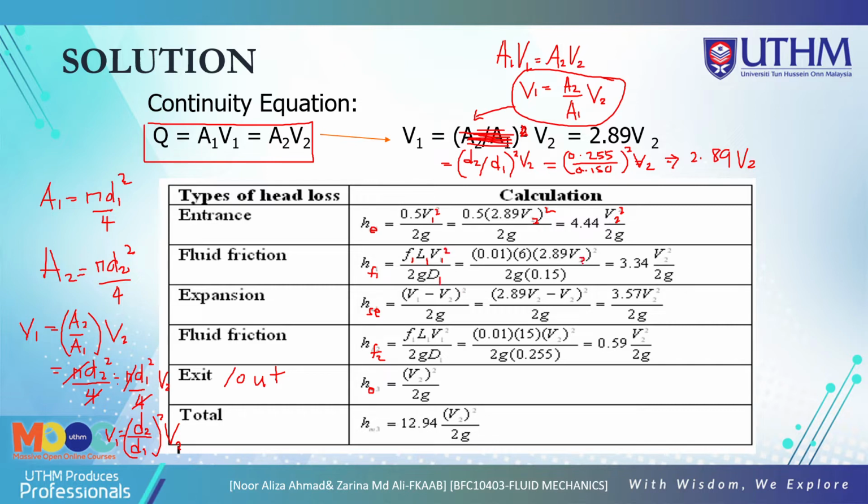So this is V2 squared, in terms of V2, since V1 is 2.89 V2. The sudden expansion is based on the formula in chapter 4, so you just refer to that chapter and get the value.